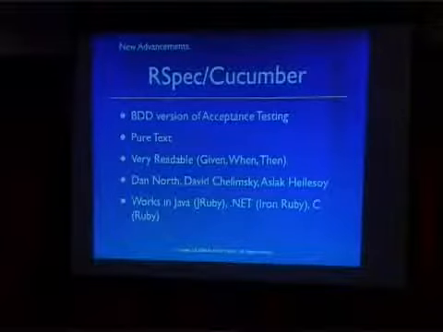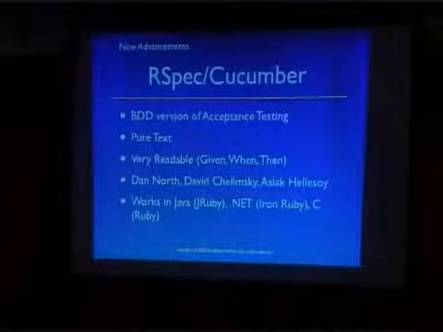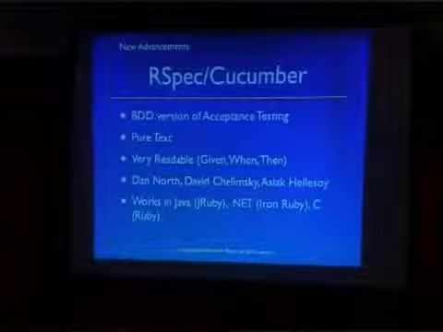It was written by Dan North, David Chelimsky had a lot to do with it, and Aslak Hellesøy. I think I spelled his name wrong, but Aslak Hellesøy is his name. Now you might be thinking, well, this is Ruby, and we're not programming in Ruby, so we can't use that. However, something interesting is happening in the Ruby community. Every other language is implementing a Ruby interpreter.